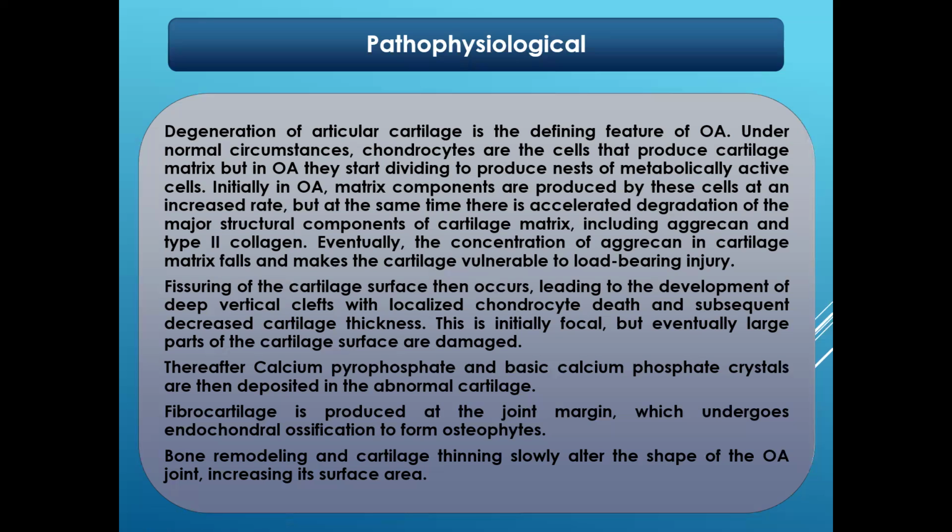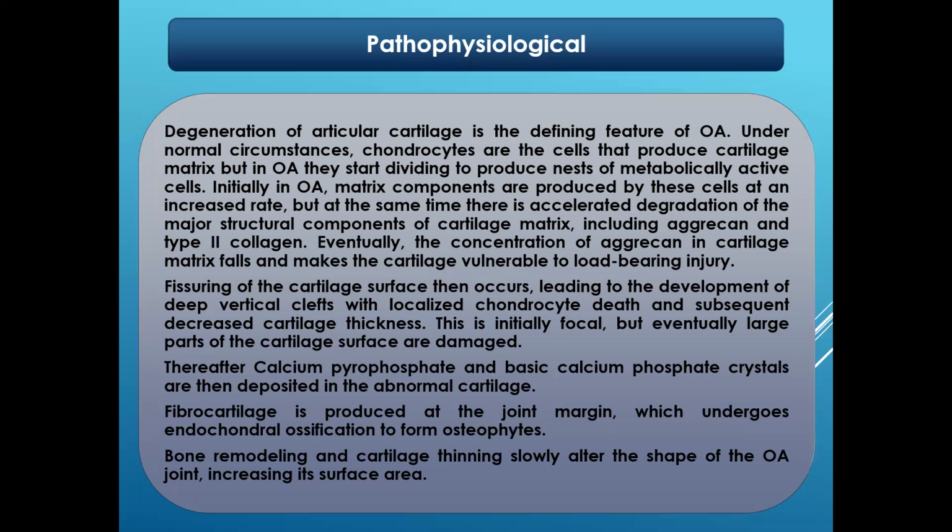That substance that gives it tensile strength is being destroyed as the chondrocytes are producing this cartilaginous matrix. There is increased destruction of the major components necessary for the cartilaginous matrix, and some of these components include aggrecan and type 2 collagen. These two and others are very necessary to give the cartilage its tensile strength.